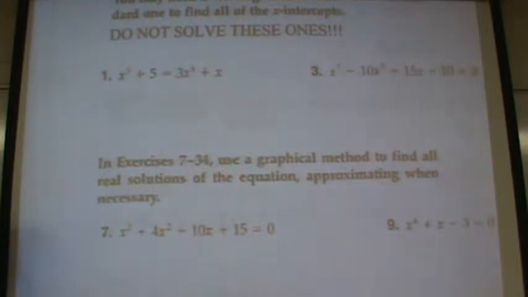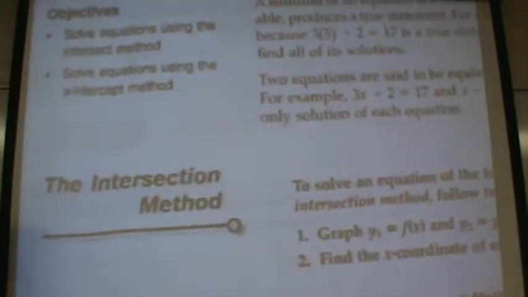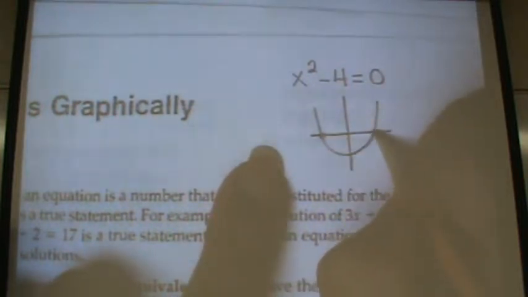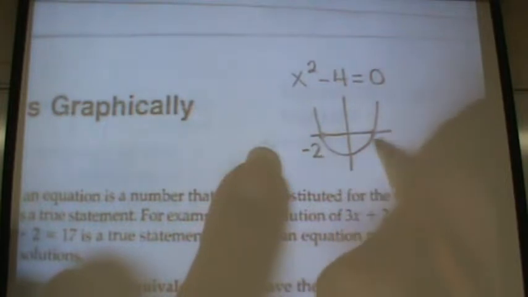So now, do you remember when we solved a quadratic equation, what were we looking for? For example, if I gave you x squared minus 4, this is going to be really easy. If I asked you to graph this, what would it look like? It's a parabola. And where it hits the x-axis, which would be -2 and 2, right?